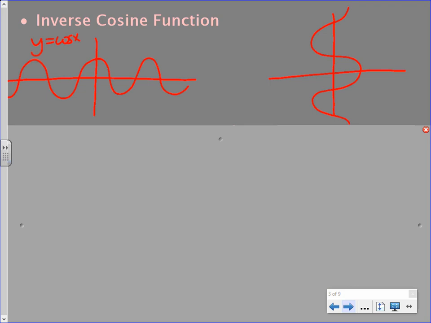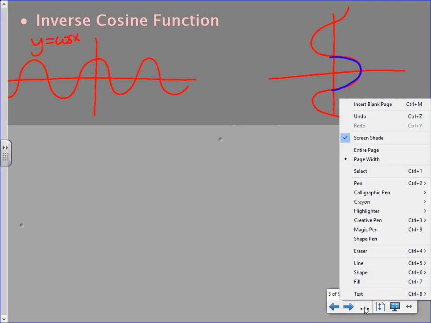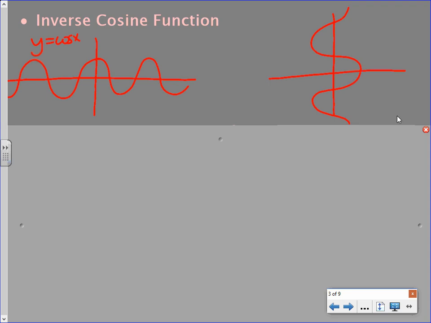So what we have to do, we have to restrict it. If we follow the same method that we used in inverse sine, negative pi over 2 to pi over 2 would be this chunk right here. Is that a function? That is not a function. So we have to restrict it in a different way.